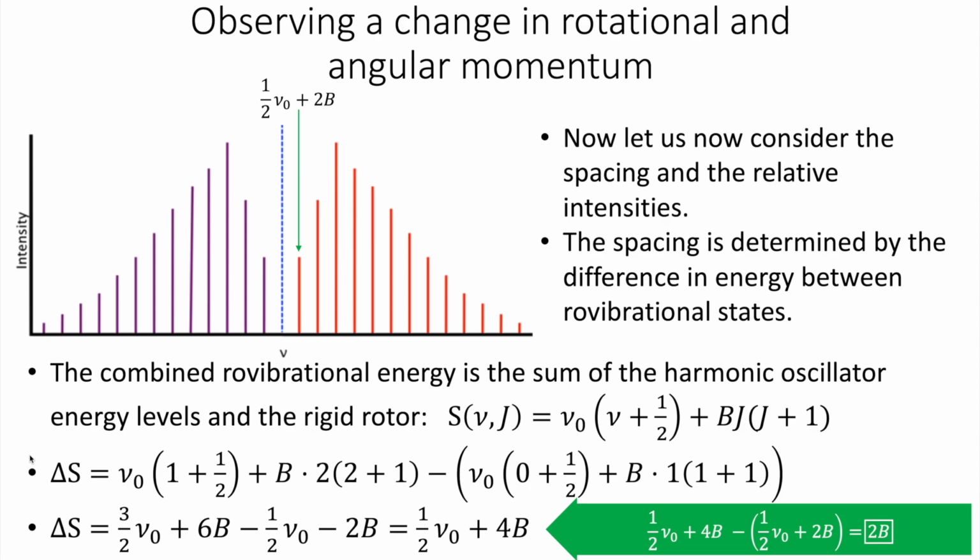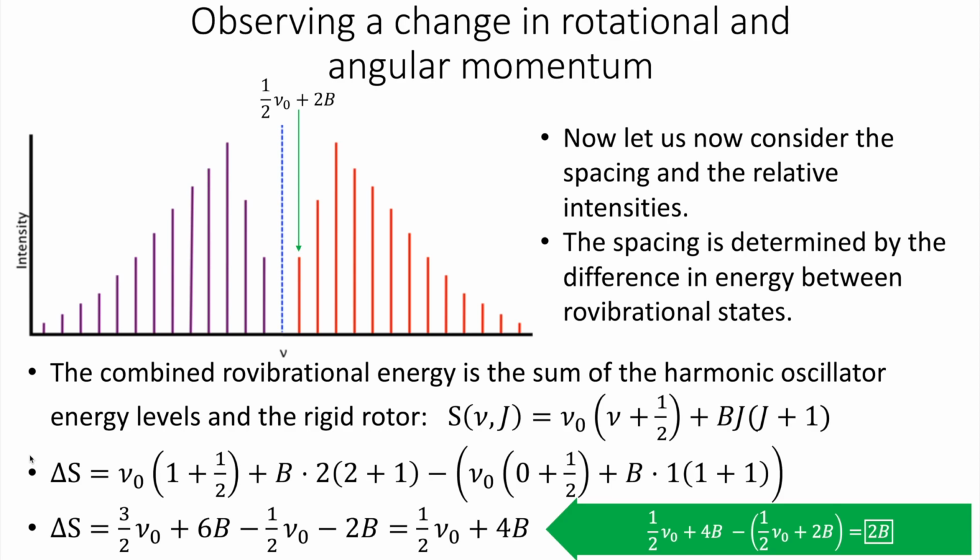And now on this slide, let's look at the next transition that we can observe going higher in energy. So again, the vibrational state is just going from quantum number 0 to quantum number 1 for nu. That's the same. But for the rotational state, now we're going to say, okay, what if initially we had the quantum number 1 for J, and now J goes up to 2, right? J is allowed to increment upwards by 1.